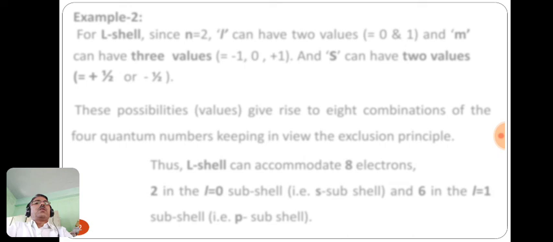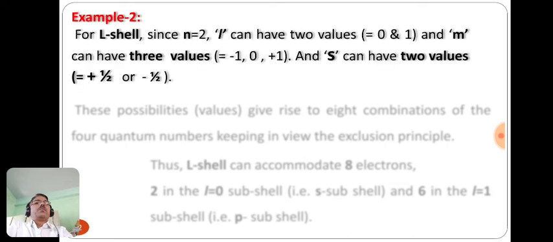For example, consider the L shell, meaning when the principal quantum number is 2. How many values of L are possible here? There are 2, that is 0 and 1. And M has 3 values, that is plus 1, 0 and minus 1. S can have 2 values for each value of M, plus half and minus half.